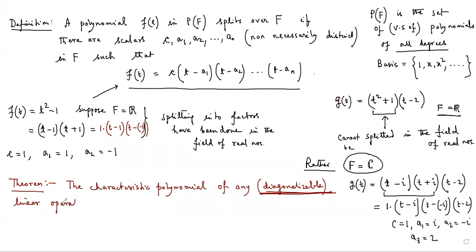What does this mean? This means that we are considering two statements over here. Suppose we name statement 1 as P. It says that T is a linear operator which is diagonalizable.